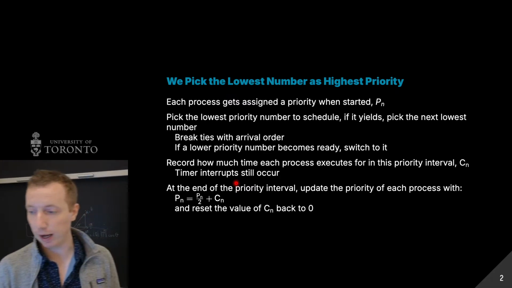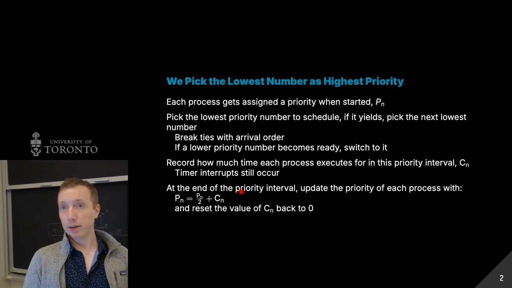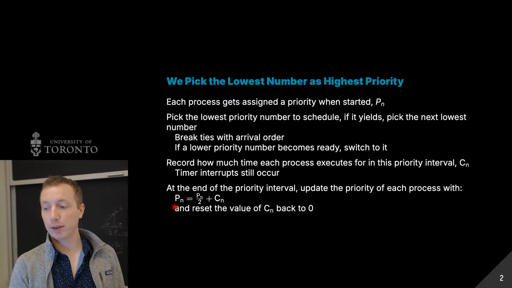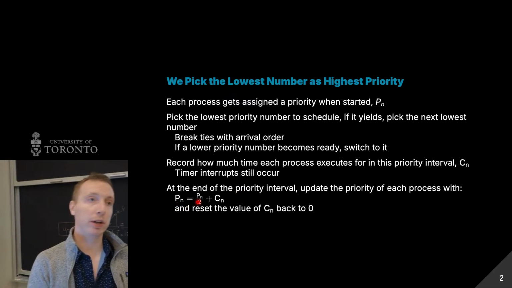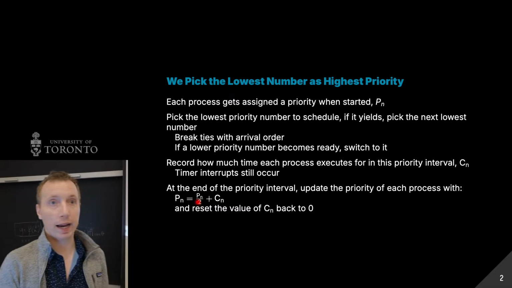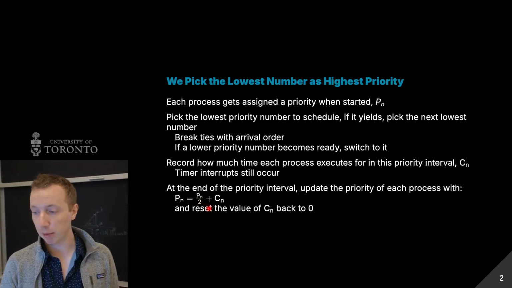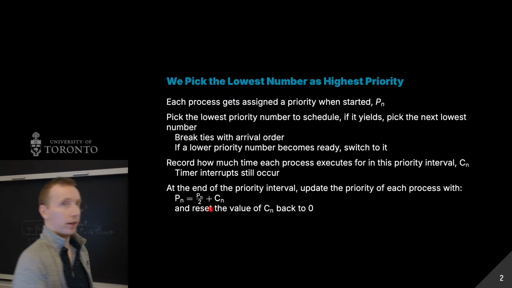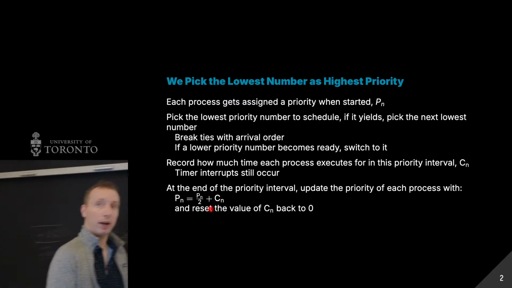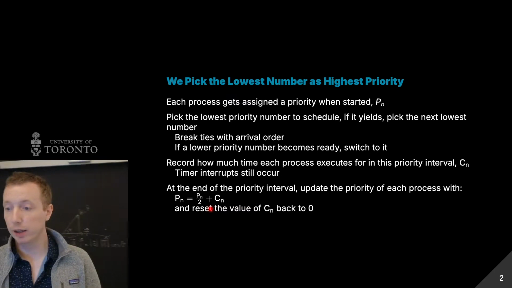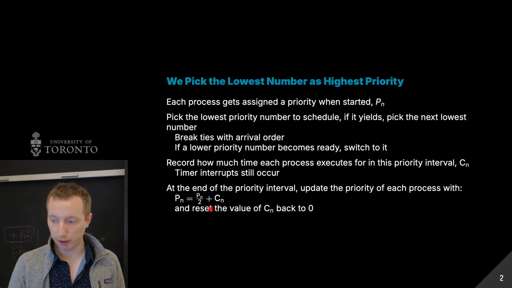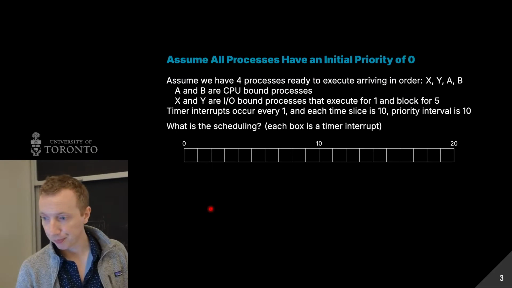At the end of the priority interval, we update the priority of each process. It basically just decays. We take its current priority, divide it by 2, and then add how long it ran during that interval. C is basically just keeping track of how long a process ran in this interval, so whenever we recalculate the priorities, we reset everything back to 0.